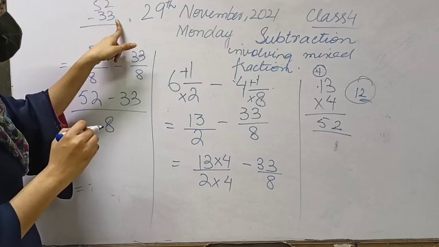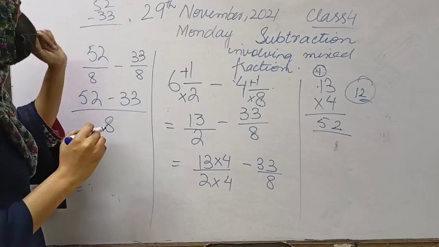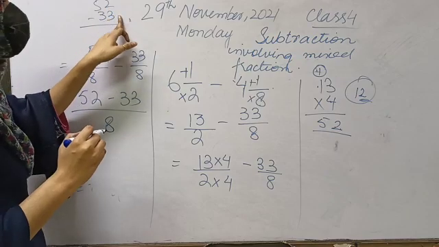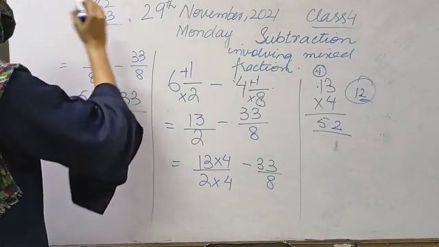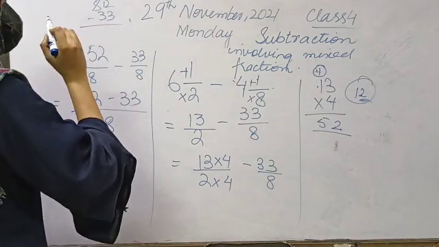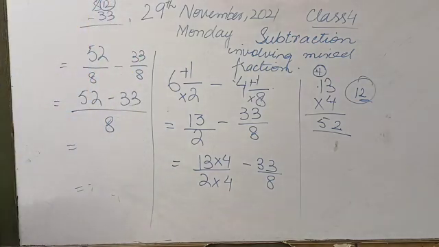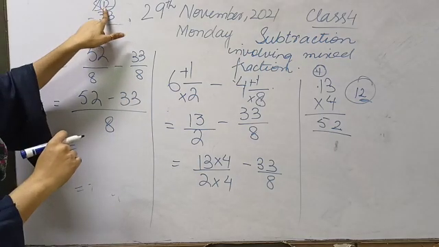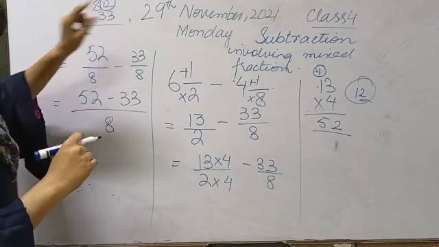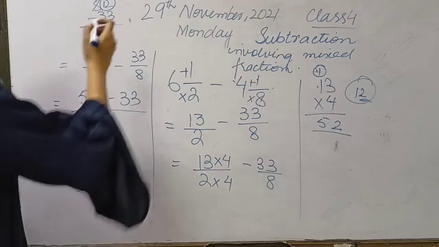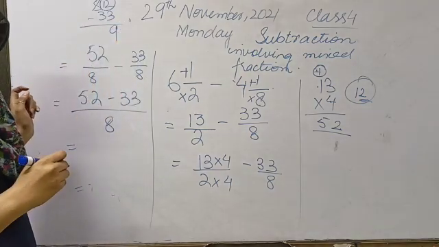Is it possible? No, this is smaller and this is greater. So I will take 1 as a carry from the next number and this number will become a 2 digit number which is 12. After subtracting 3 from 12 we have 9 in the end.